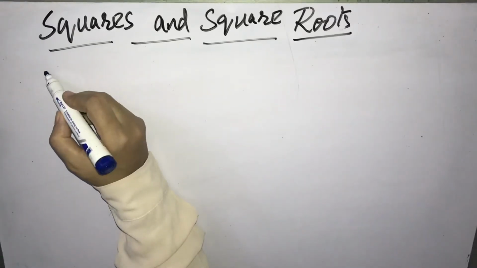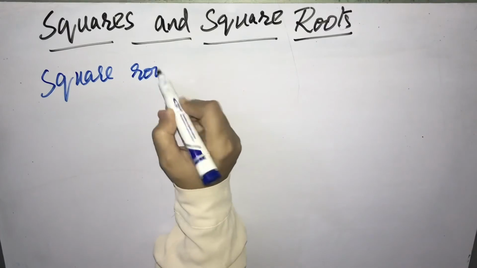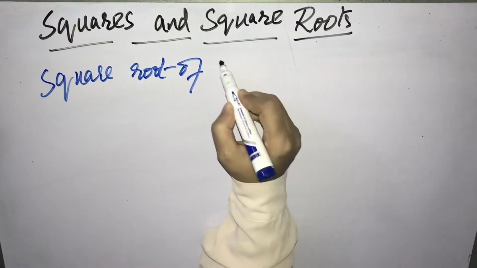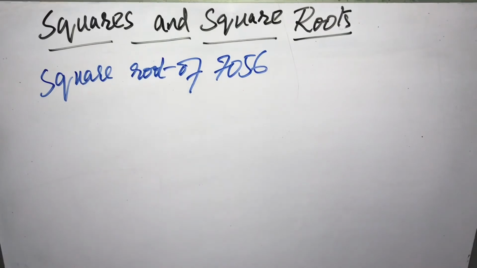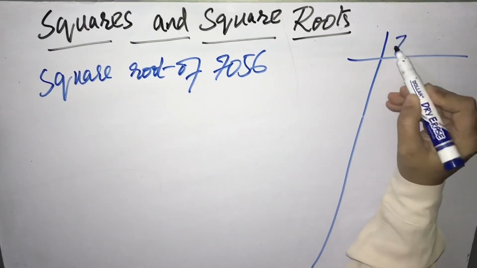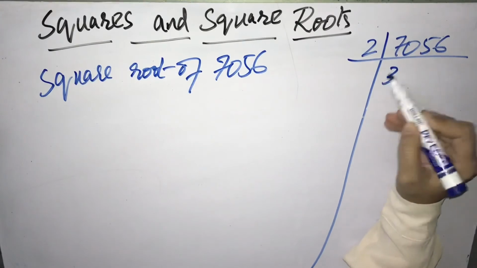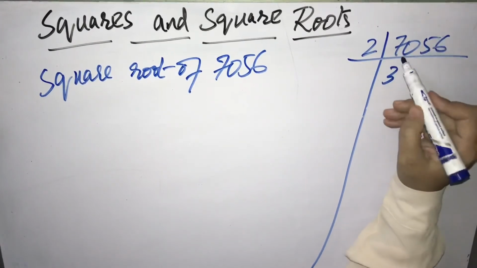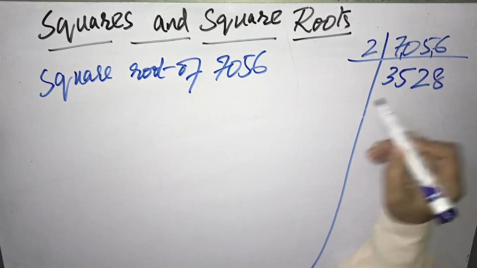The last example, square root of 7056. Starting with 2, 2 3s are 6 as it's even, 2 5s are 10, 2 2s are 4, 2 8s are 16.